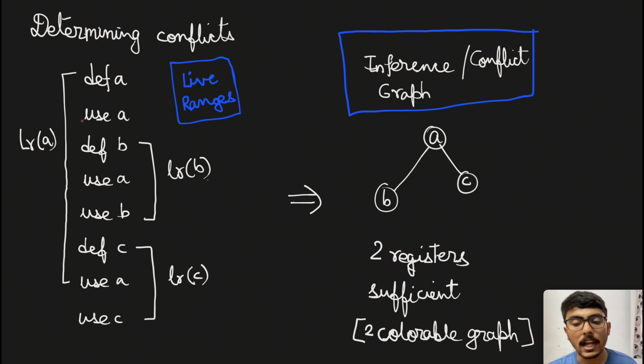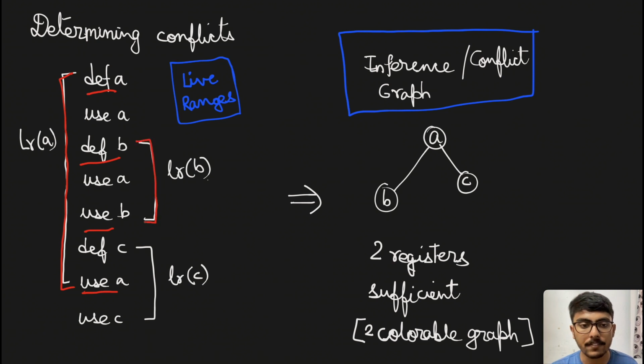Live range, as I mentioned, is the sequence of basic blocks or statements through which a virtual register is active. So you can say that def A occurs here, and the last usage is this, right? So the entire part will be covered with the live range. Similarly with B, the first def occurs here and the last use occurs here.